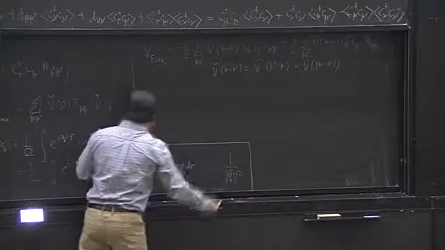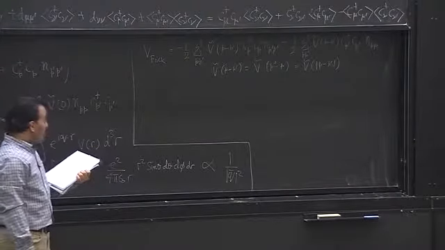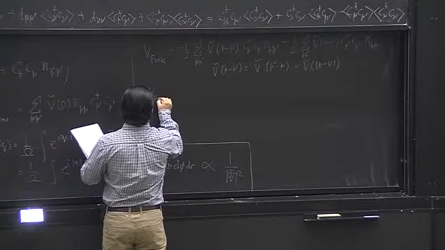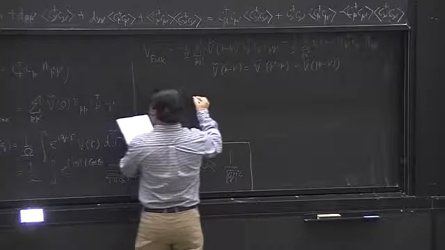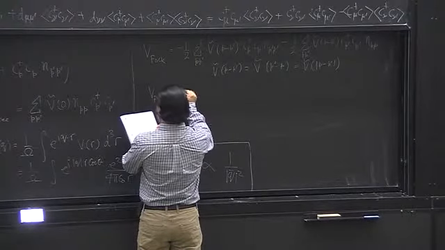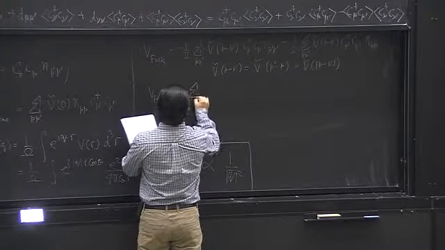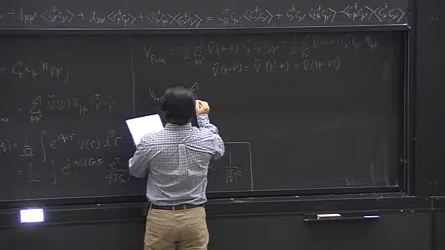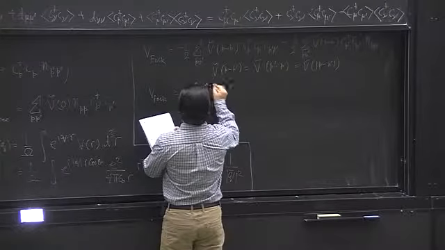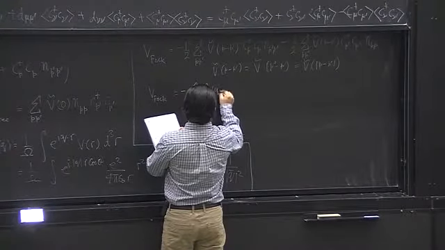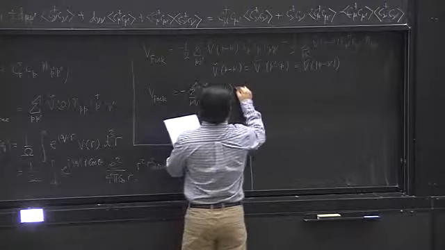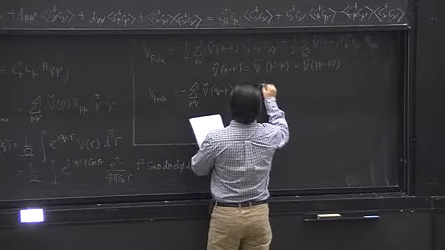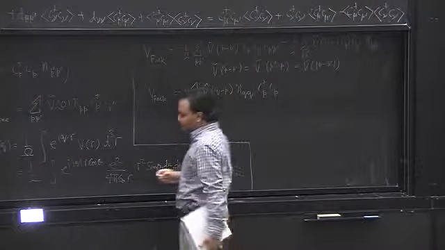So only depends on the modulus. So V Fock is simply minus. I will now write this as a sum over P, Q, V tilde Q minus P, N_Q, C_P dagger C_P.